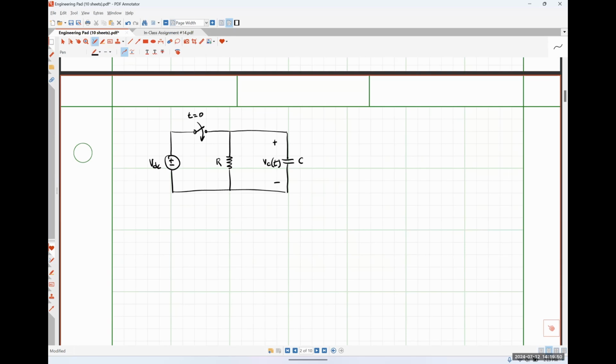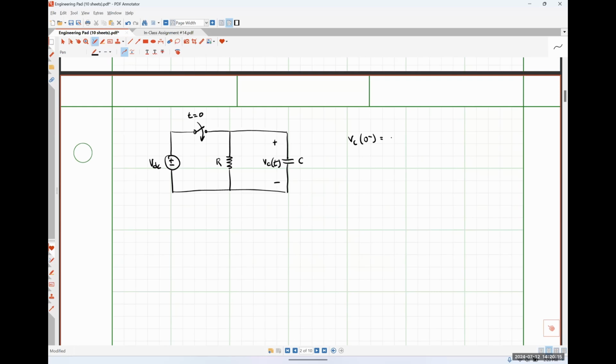So what would VC at 0 minus be for this particular circuit? Anybody care to offer a suggestion? 0.